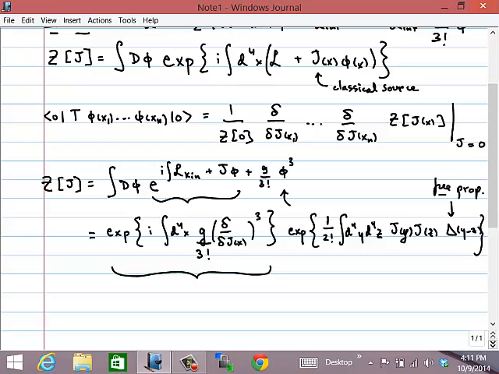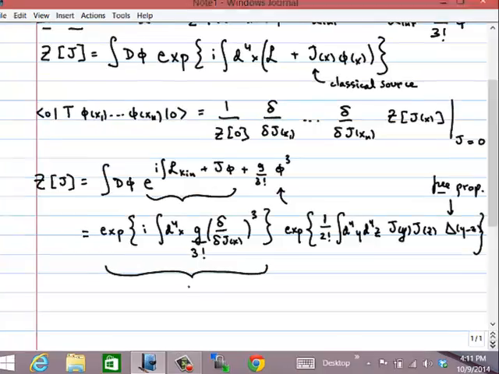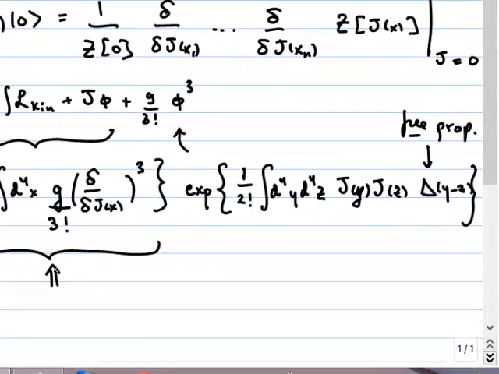And all we're doing here now is including this interaction term. The way that you could think about this is you could imagine, for example, expanding out that exponential in a Taylor series in g. And then you would see that the first term, the order g to the 0 term, just gives you this free result. Okay. The next term, the order g term, would have 3 powers of d by dj here.